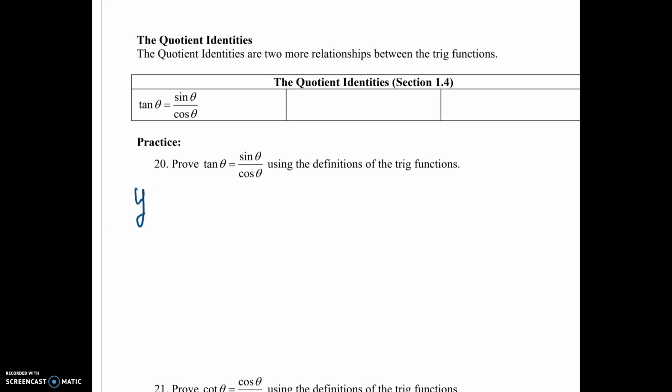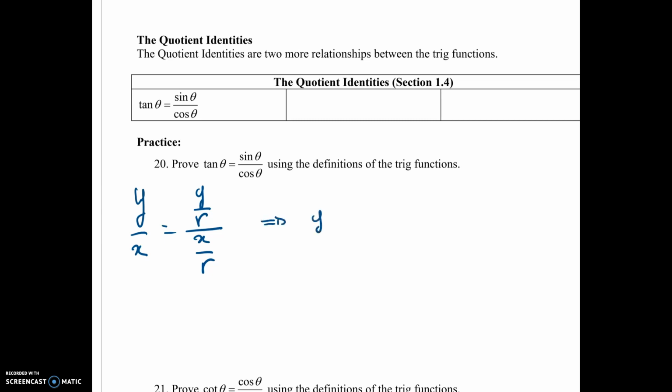y divided by x. What is sine theta equal to? Sine theta equals y divided by r, over cosine theta, and cosine theta equals x over r. So now I'm going to transform the main fraction bar into a multiplication.